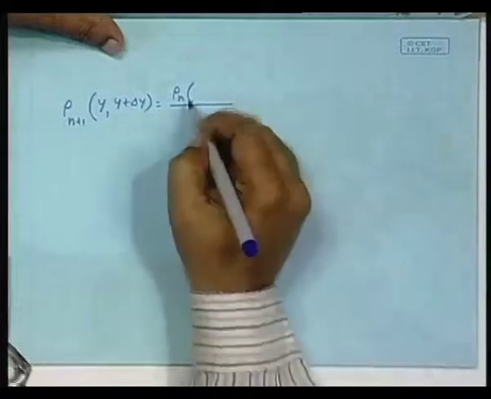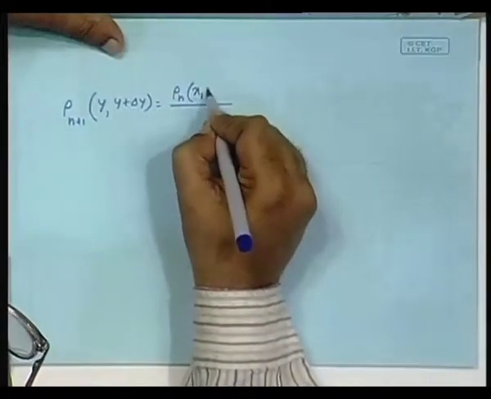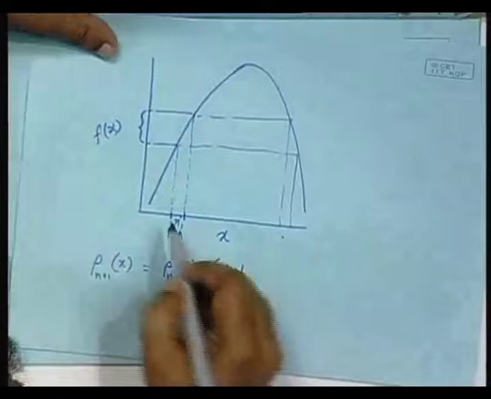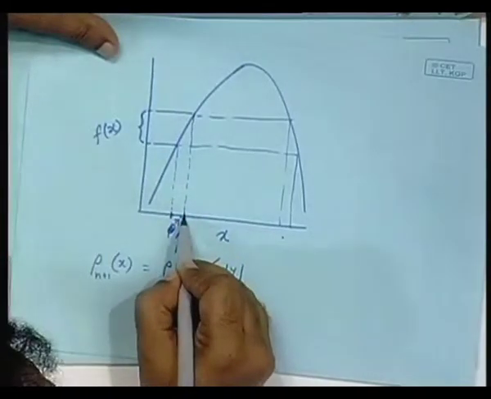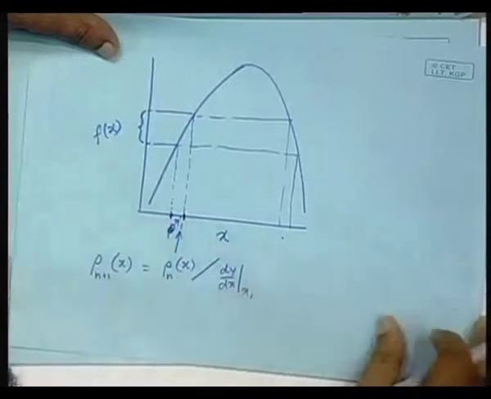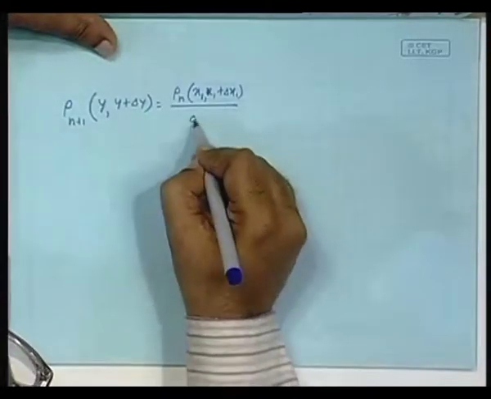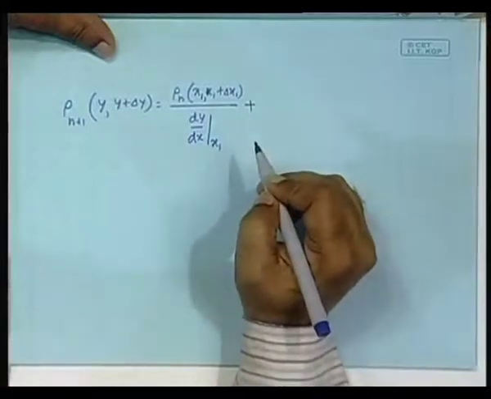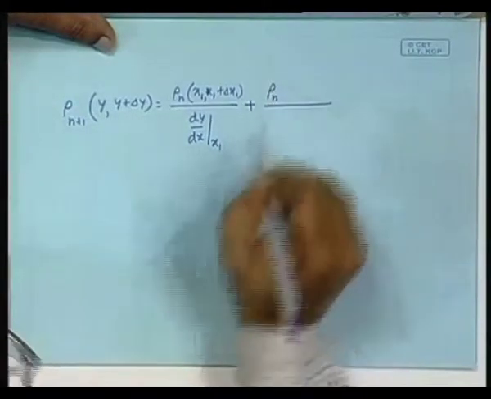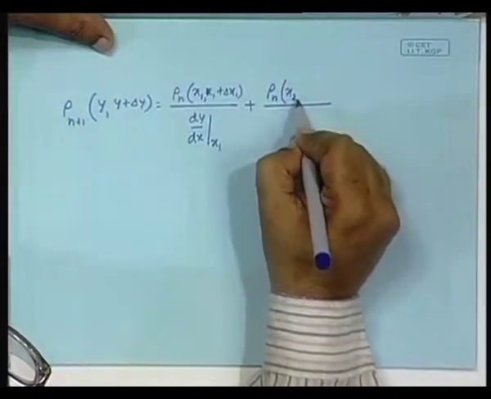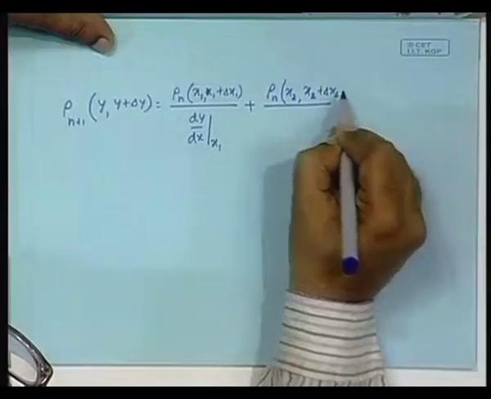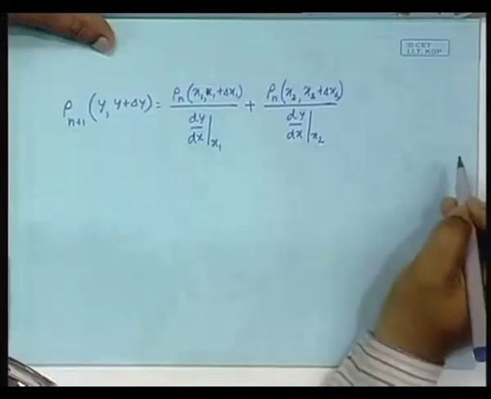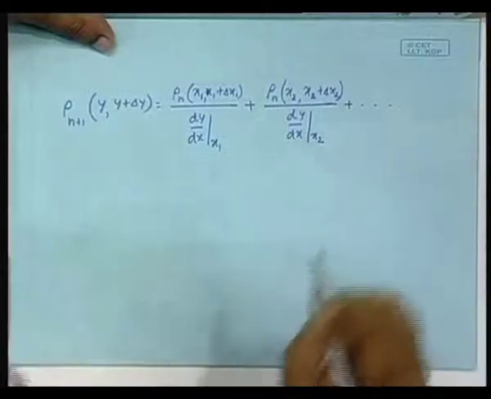So, you will have to write the density in the range x1 to x1 plus delta x1 divided by dy/dx calculated at x1, plus the density in the nth iterate in the range x2 and x2 plus delta x2 divided by the slope at x2, plus so on and so forth.